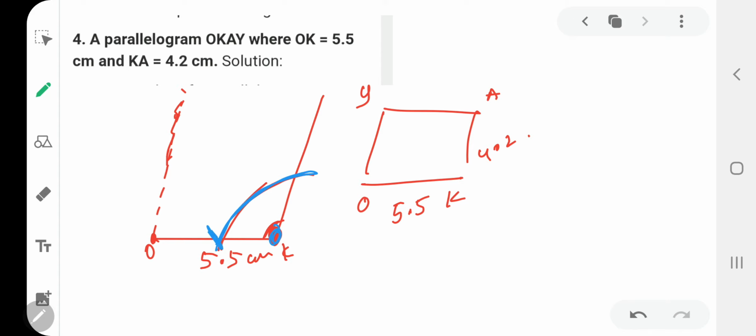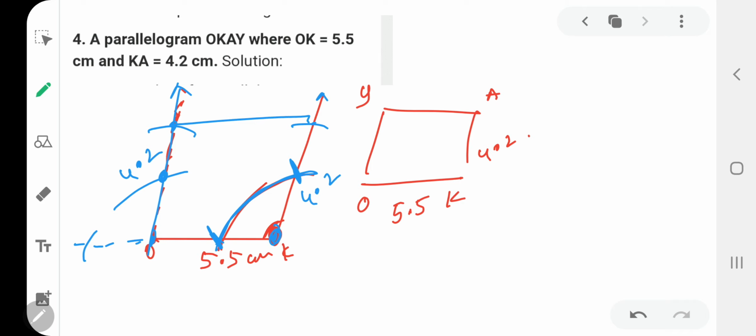Measure this arc from here to here on your compass, and put the same measurement here to make a parallel line. So this will be your parallel line. On this parallel line, make an arc of 4.2 on both the sides and join these. So this is your required parallelogram. Clear, dear kids? Okay, God bless.